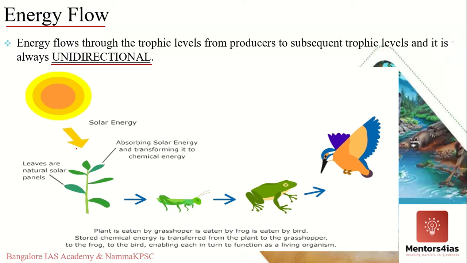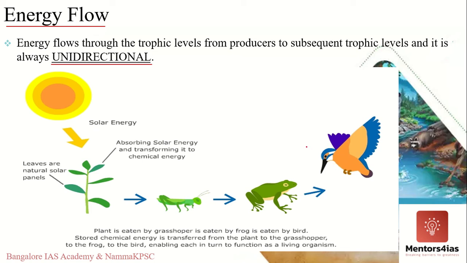The plants make use of this energy from the sun to produce food. The grasshopper in turn will feed on the plants to produce chemical energy in order to sustain its life. This grasshopper may be fed upon by snakes or frogs. The snakes or frogs may be fed upon by some other birds. So you see that all this energy which is flowing within the ecosystem is always unidirectional, and the flow of energy will never take place in the opposite direction.